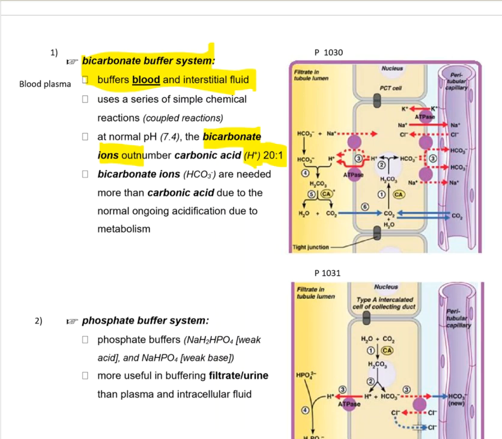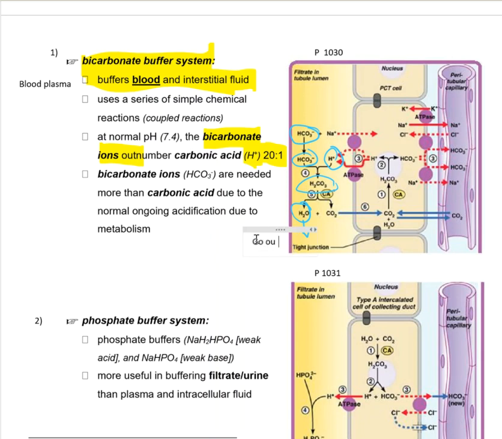Every time a hydrogen proton is produced from metabolism, we want to have a bicarb that can go ahead and sequester it. And so what we're seeing over here is bicarb going with a hydrogen, making carbonic acid, and then we will take the water, and the water will go out in our urine, right?